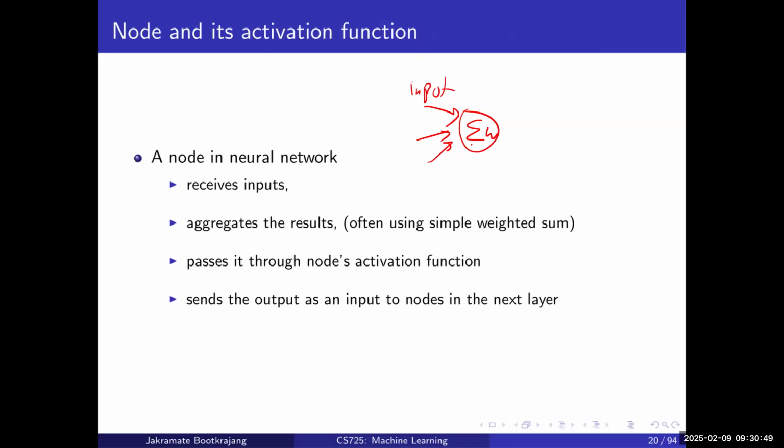After you do the weighted sum, you go through the activation function before you get the output, and this output will be sent to another node. So that is what one node does. One node will do two things. First, it will aggregate the inputs. The second is to use the activation function to decide what to send into the next node.